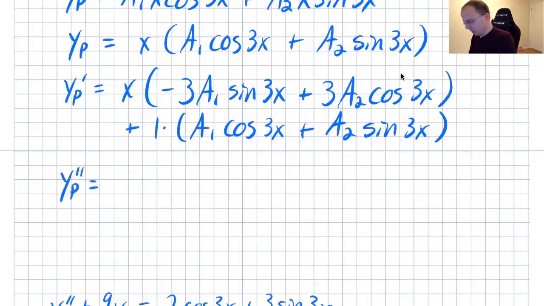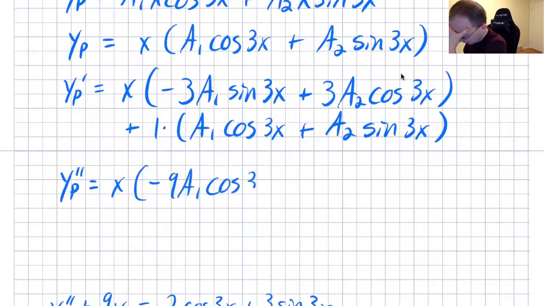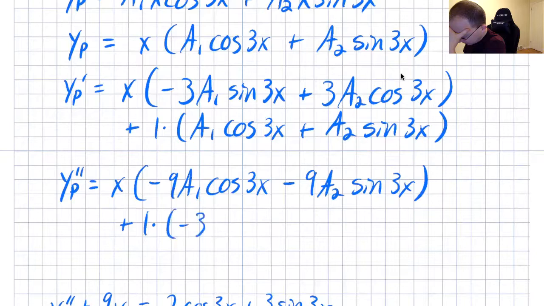I'm always looking for shortcuts, whatever is easiest here. So again, the first times the derivative of the second, which is minus 9a1 cosine 3x minus 9a2 sine 3x, plus 1 times minus 3a1 sine 3x plus 3a2 cosine 3x.